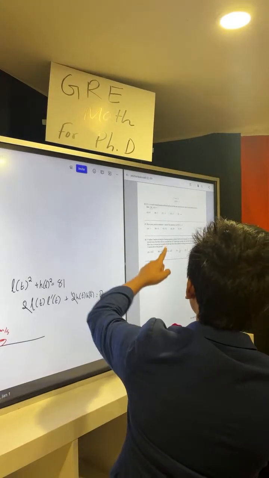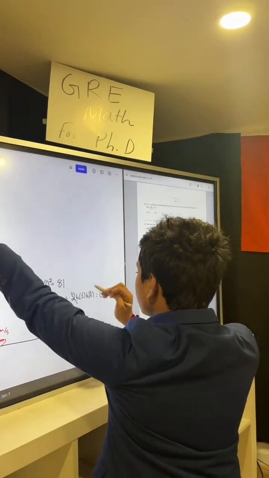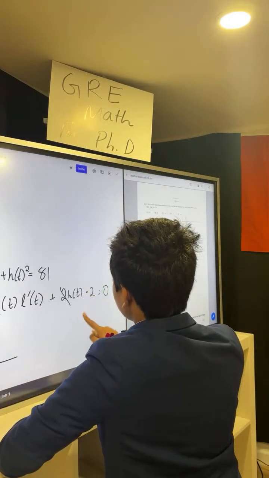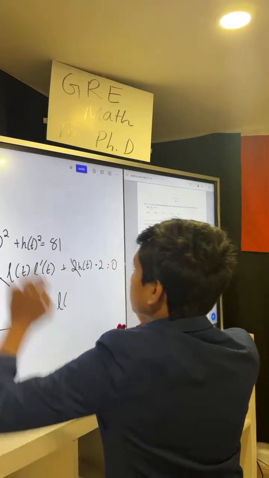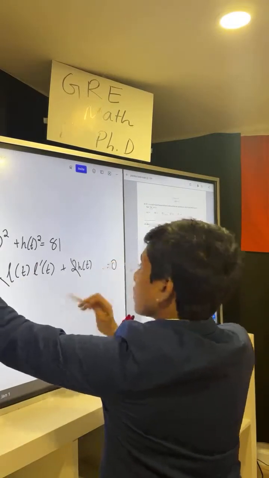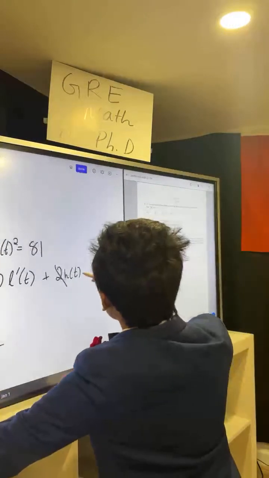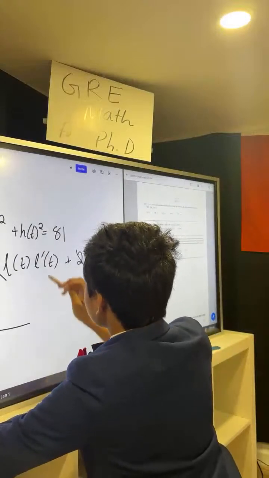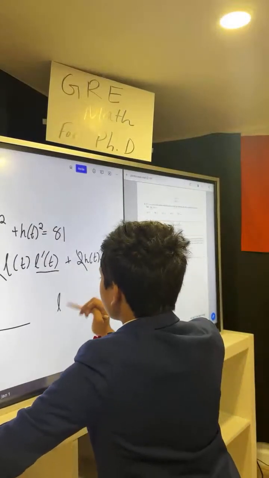We know that h prime of t is always equal to 2 because it's increasing. Wait, no, that's length prime of t. Because the bottom end is being pulled away at 2 meters per second. This is constantly increasing by 2.